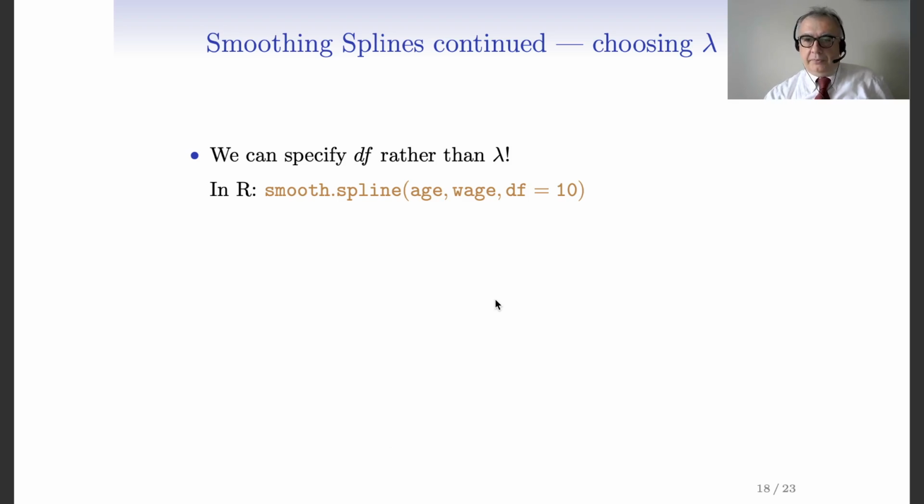So if you think that for a certain data set the flexibility of a cubic model is okay, then you will specify that you are using a spline. Here degrees of freedom equal to 10, but if you want the same flexibility as a cubic polynomial, you will let df, degrees of freedom, equal to 4.